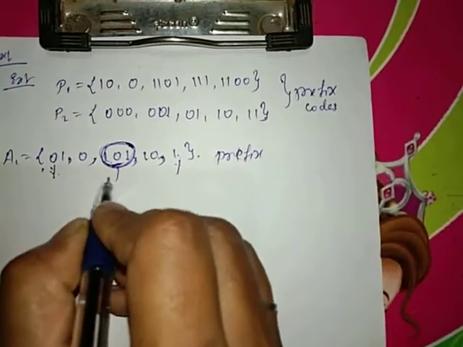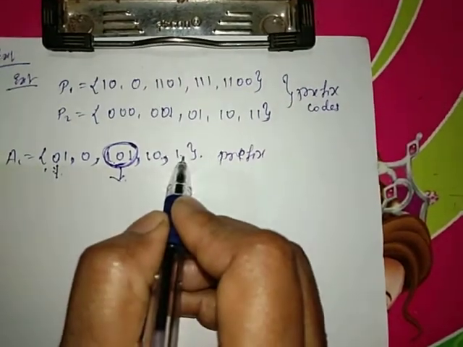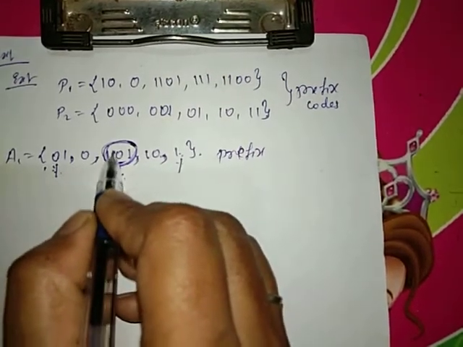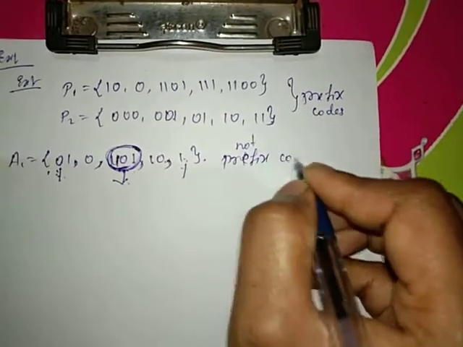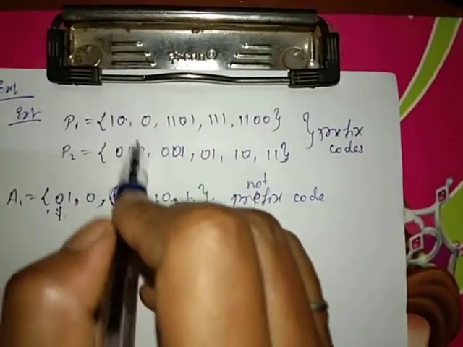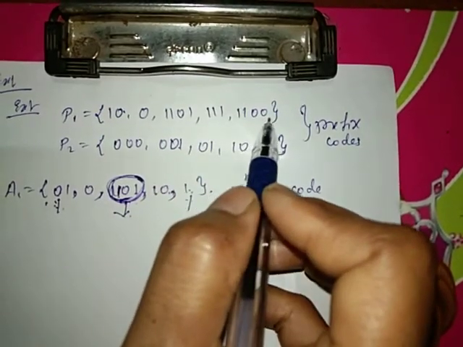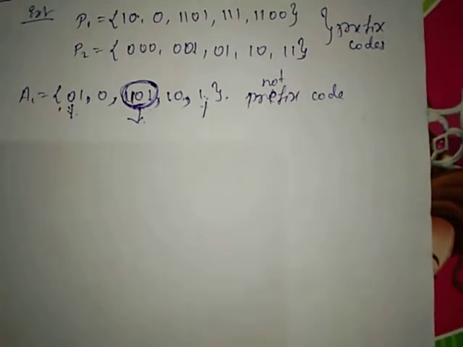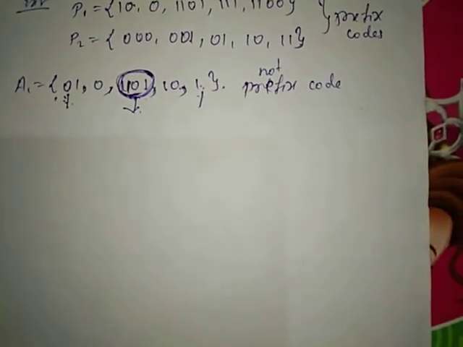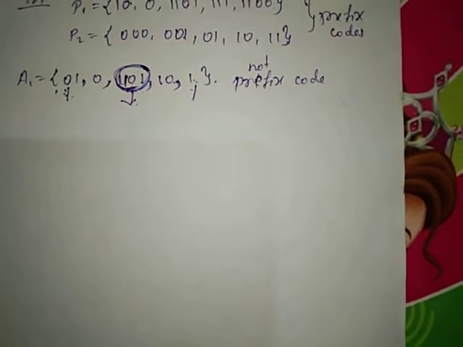This sequence is a prefix of the first and last sequences, so we cannot say that this is a prefix code. You can see these two examples for the prefix codes. No sequence can be expressed as any other sequence, so no sequence in P is a prefix of any other sequence here.